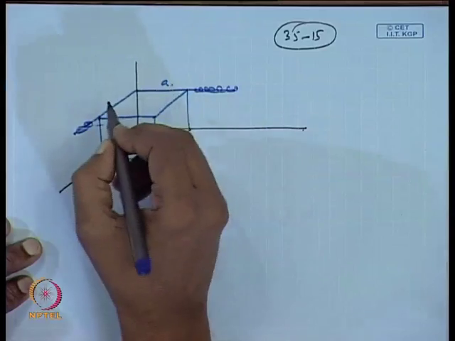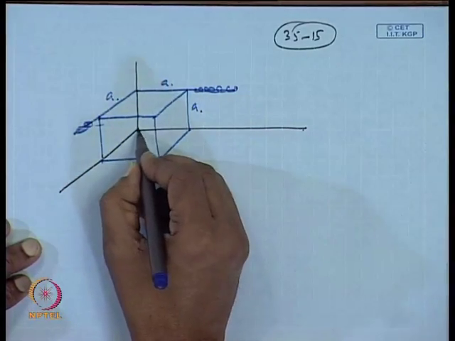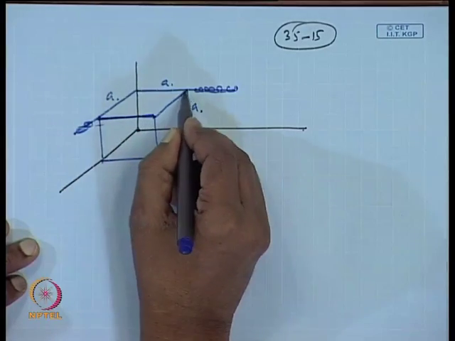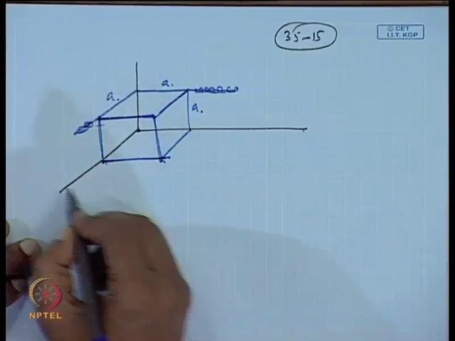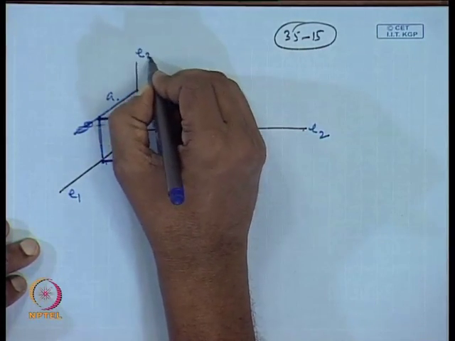Let us say this is a cuboid, and these are the body axes that we have chosen, E1, E2 and E3.